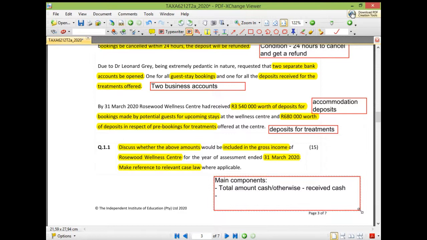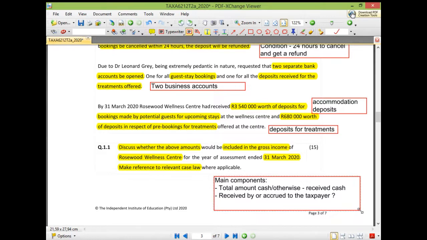Then the next thing is it's received by or accrued to the taxpayer. This is where we will have to start discussing whether it is actually received by or accrued to the taxpayer, because of the nature of a deposit and the fact that it might potentially have to be repaid and there might be a condition linked to it. So that one would be a question mark.